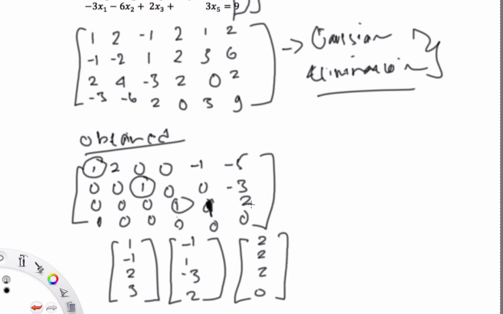So that is the basis of this system of linear equations, and the dimension of this system, how many dimensions here? 3, where the basis vectors are 1, minus 1, 2, 3, minus 1, 1, 3, 2, 2, 2, 2, and 0. Okay, that's all for the dimension and basis.